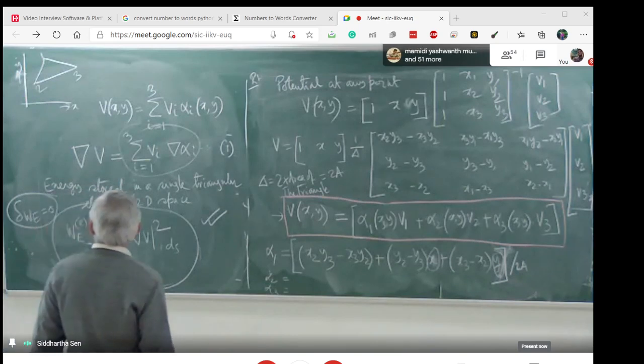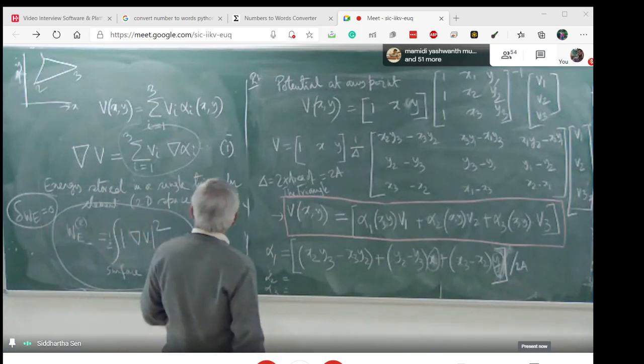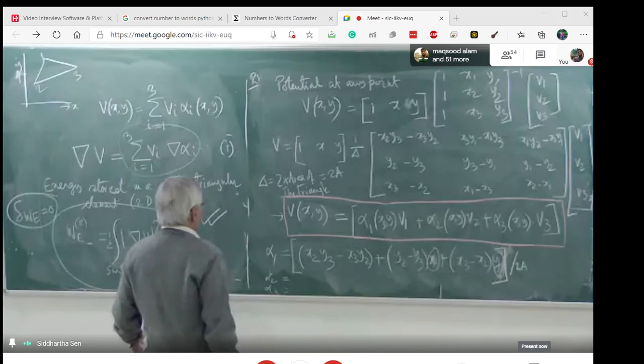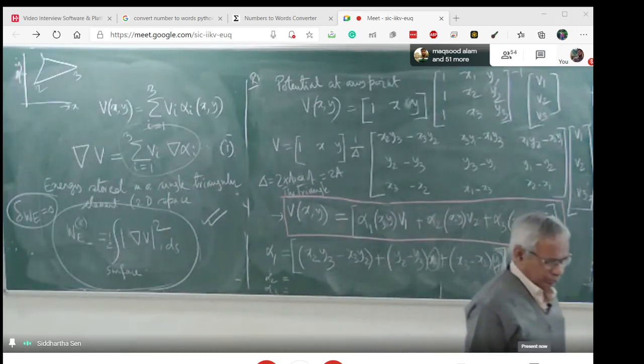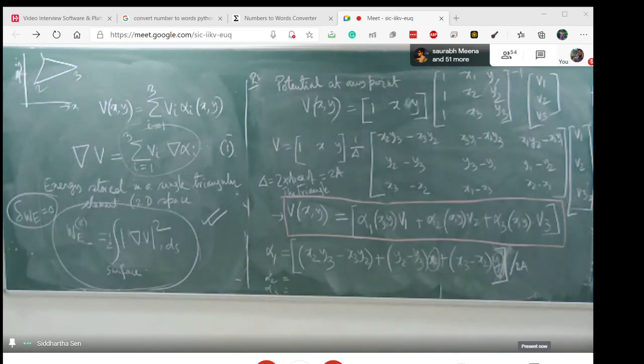So delta W equal to 0, and then we will proceed further. But how to do it, we will try to solve in the next class. Any question up to this? Any question? Yes?